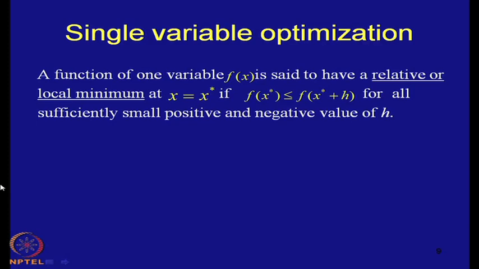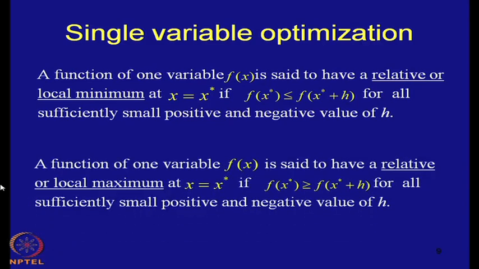A function f(x) of one variable is said to have a relative or local minimum at the point x equal to x star if f(x star) is less than or equal to f(x star plus h), for all sufficiently small positive and negative values of h. We take a small neighborhood of x star in the domain, and everywhere in that small neighborhood f(x star) is the minimum value. That is why we declare x star the relative or local minimum for the given function f(x).